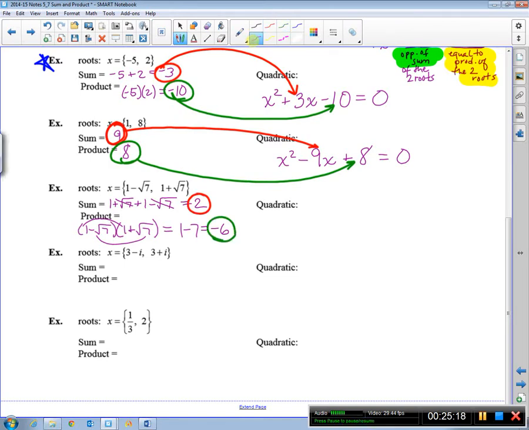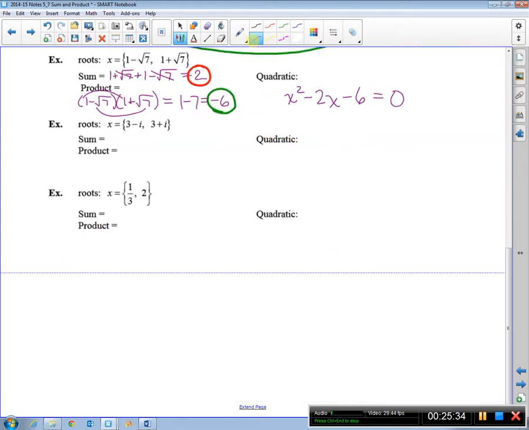What does that quadratic look like? Did you get it right? Hope so. 3 minus i and 3 plus i.